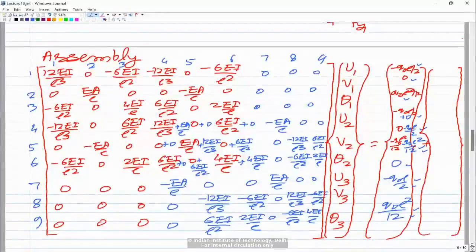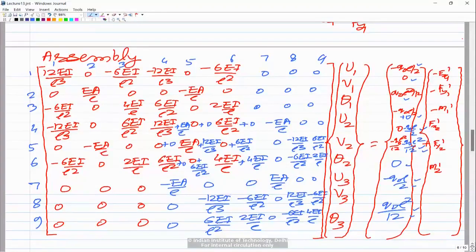So now the internal load vector from the first element is minus fx11, then minus fy11 and minus m11. That's the first element, and then second, fx21, and then you will have fy21, and you will have m21. So these are the contributions of the internal load vector from the first element.